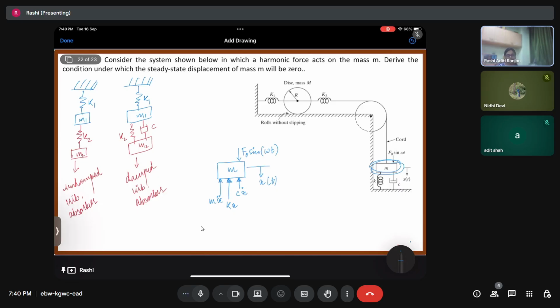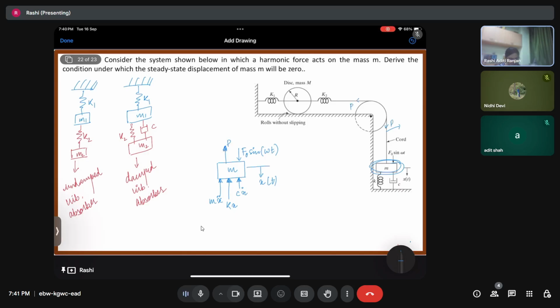Apart from that, this chord is going to apply a force P in the upward direction. For now, I don't know the value of P. All I know is that here it is going to be P and here also it is going to be P.